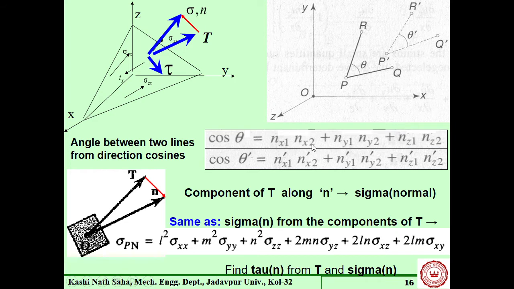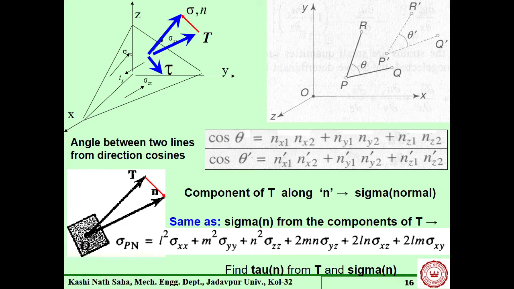This comes from analytical geometry. Say the angle between PQ and PR is theta. Then cos theta is given by this, where line 1 has direction cosines nx1, ny1, nz1 and line 2 has nx2, ny2, and nz2. What is theta? Cos inverse of this quantity.